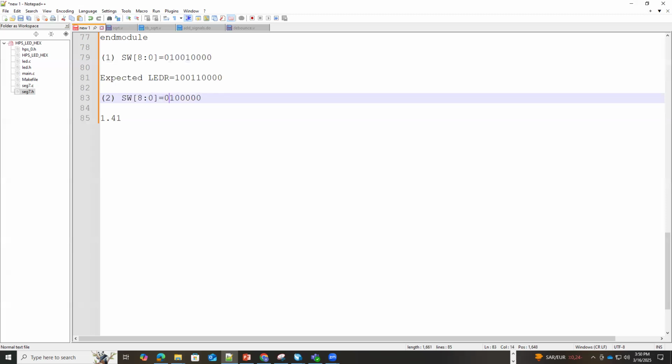So remember that when we prepare our input, we need to give a positive edge on switch 9 in order to latch the value of data in. So let's try this one first.